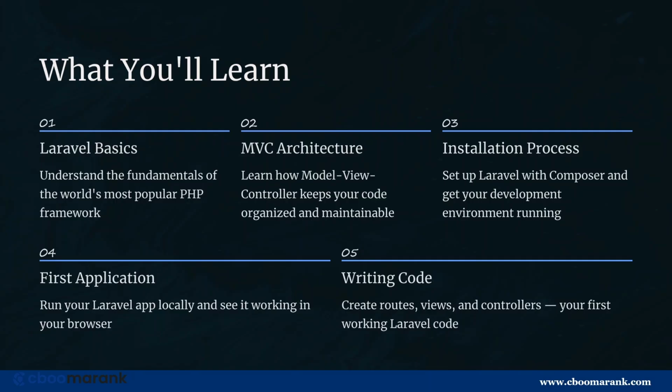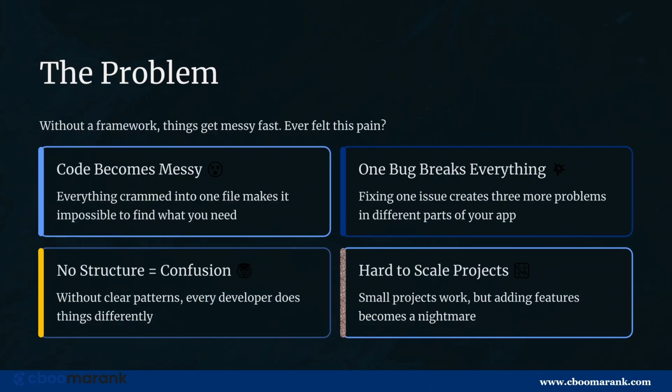So why did the Laravel framework come into action? Why don't we just use unstructured PHP coding styles? Now let's talk about why Laravel even exists. Imagine you are building a website using plain PHP.